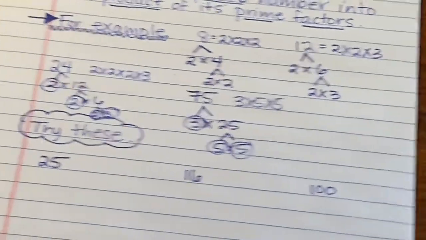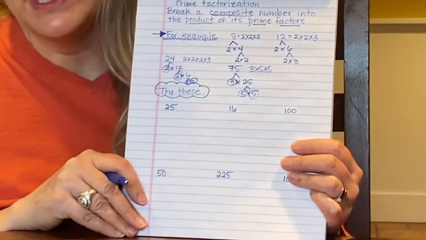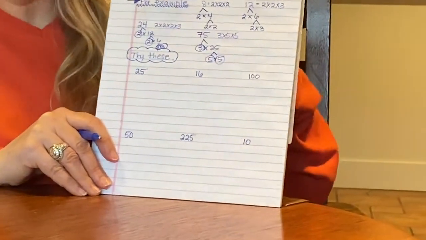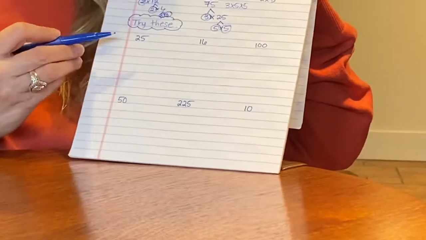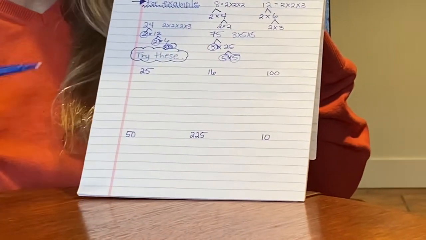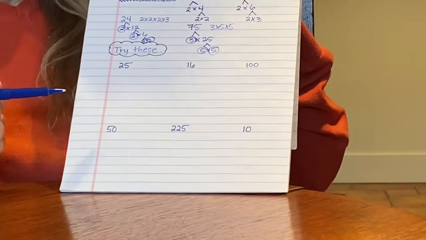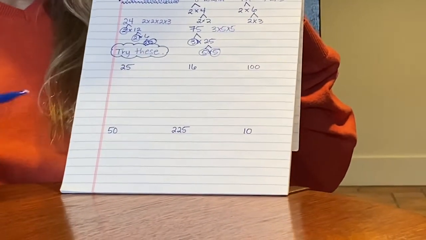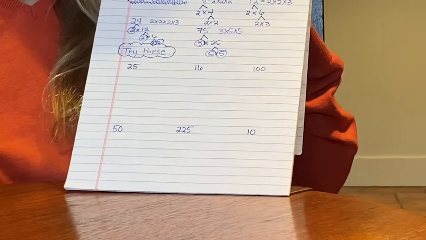Okay, so now I'm going to ask you to do some problems on a piece of paper, and I'll show you what they are. Write them down on a piece of paper, pause the video, work the problems, then come back, restart the video, and I'll show you how I solved them. See how you did.